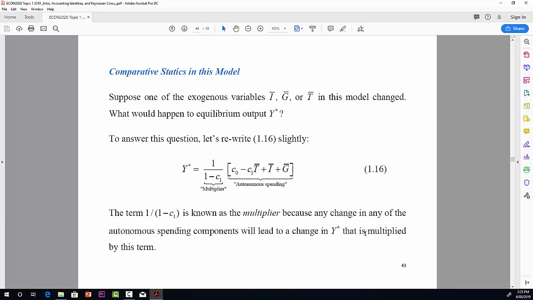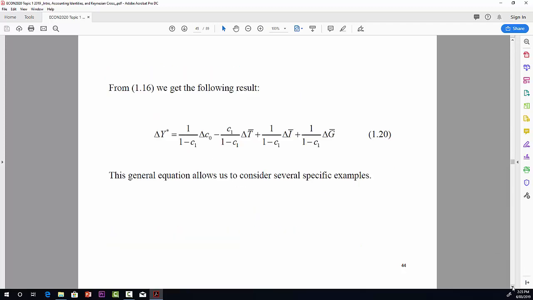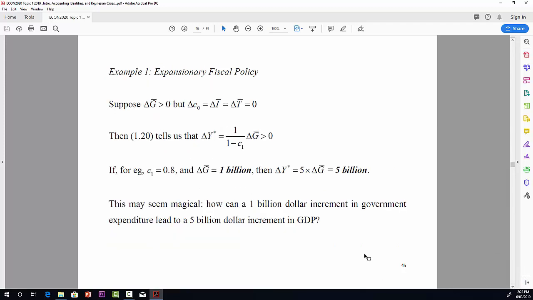So let's consider some specific examples, and we'll end off with an example of expansionary fiscal policy, a very classic example. Suppose government expenditure increases, a positive change in G bar, but none of the other exogenous variables or parameters change.